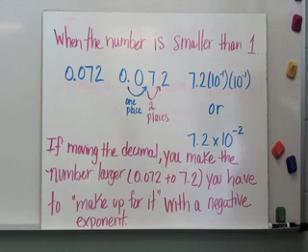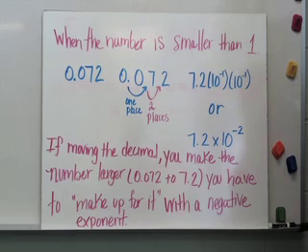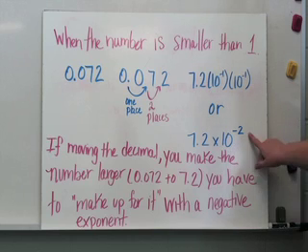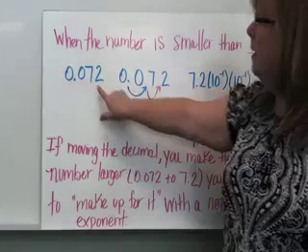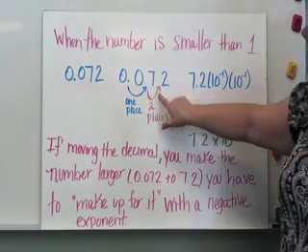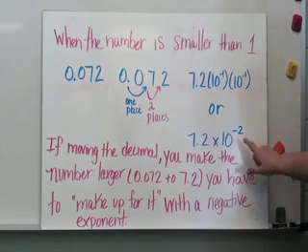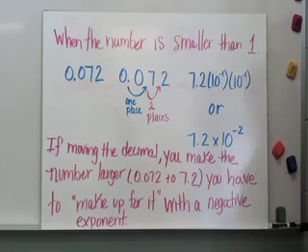If you're moving the decimal and you're going to make the number larger, which we did, it was 0.072 and now it's 7.2, I like to think of it as we've got to make up for that, and the number of places we move the decimal will become our negative exponent. We made it bigger because we moved the decimal 2 places, so we're going to make up for it by giving ourselves a negative exponent.